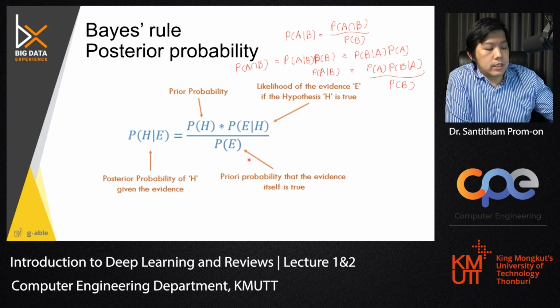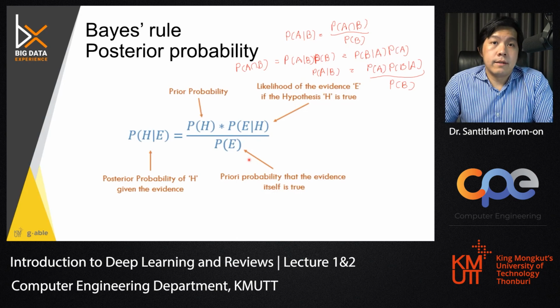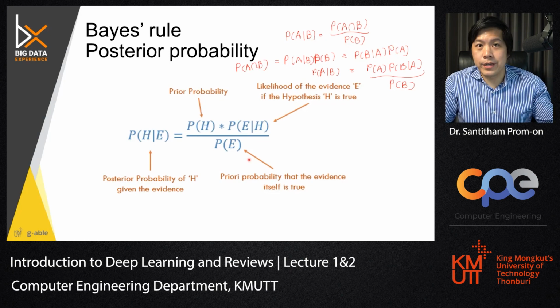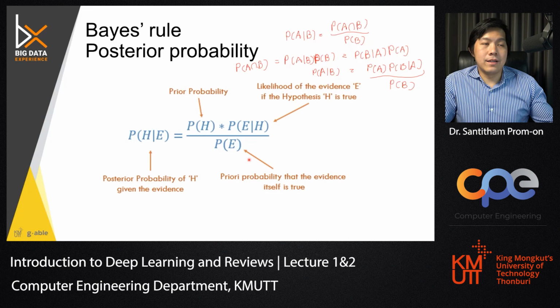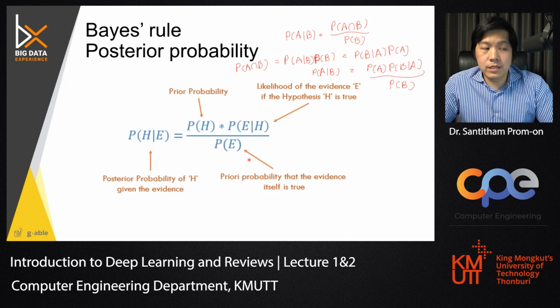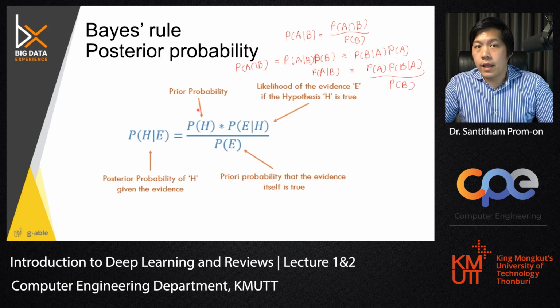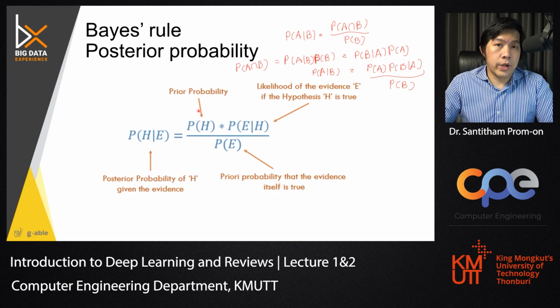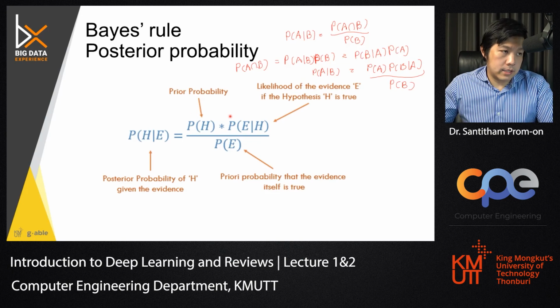Okay, so Bayes rule plays a crucial role in machine learning, because machine learning is this equation. You will see that in the machine learning lecture, that the machine learning that we know is actually this equation. And when you train the model sequentially, when you train the model to be balanced, you need to multiply by the prior probability.